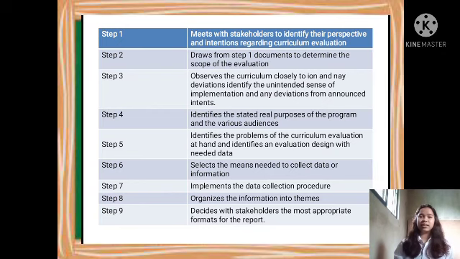Step 6, select the means needed to collect data or information. Step 7, implements the data collection procedure. Step 8, organize the information into themes. So step 9 is decides with stakeholders the most appropriate formats for the report.